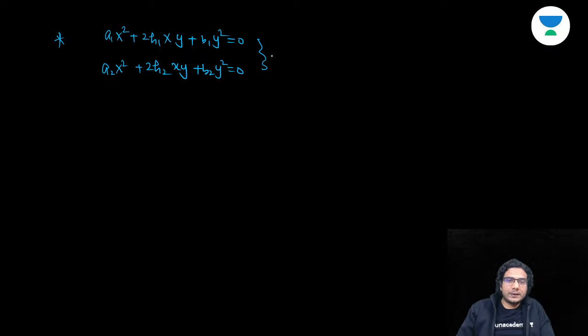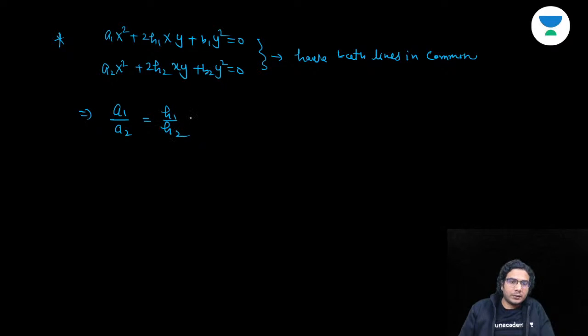If these two pairs have both lines in common, then the condition is a1 upon a2 is equal to h1 upon h2 is equal to b1 upon b2.